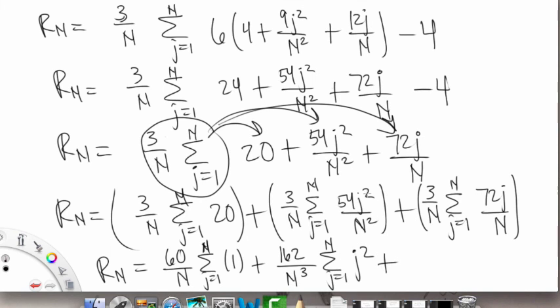And then over here we have 72 times 3, which turns out to be 216, and then we have n squared on the bottom.